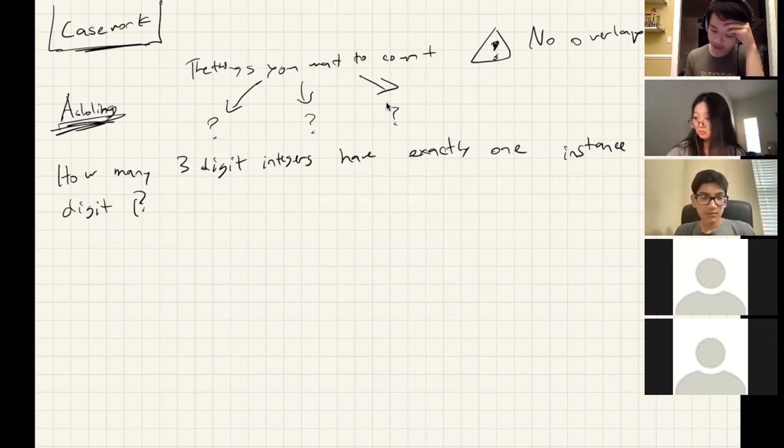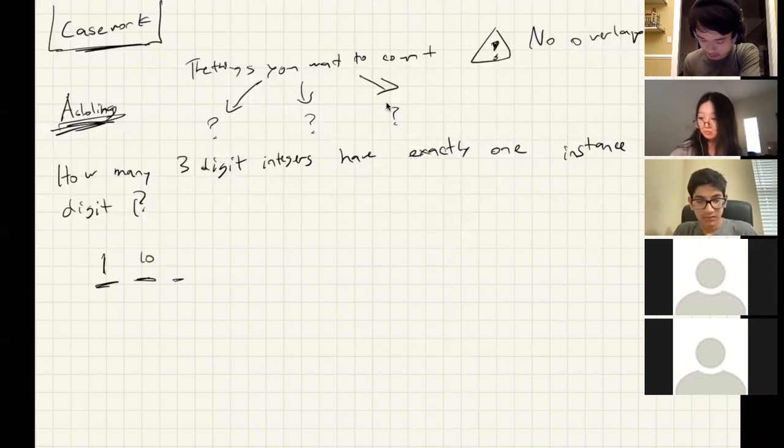So if it has a digit 1 in its 100th place, then there's 10 choices for the second digit and 10 choices for the third digit.